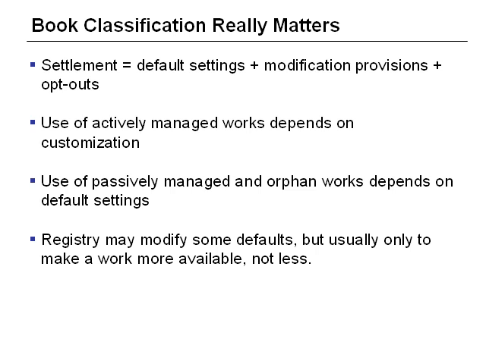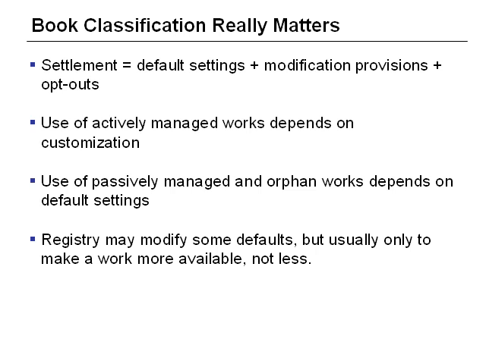In short, the defaults matter because most authors are unlikely to take advantage of the numerous opt-out and opt-in provisions sprinkled throughout the agreement. It's important to note that some of the default provisions are subject to modification by the registry. However, usually the registry only has the option to make a work more available, not less.